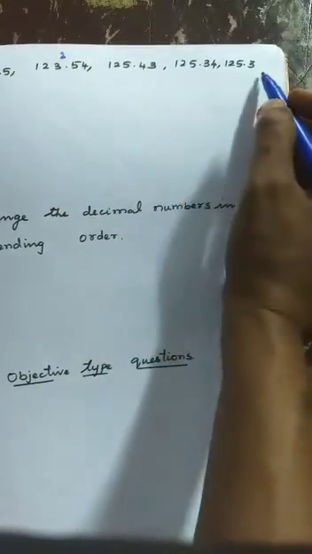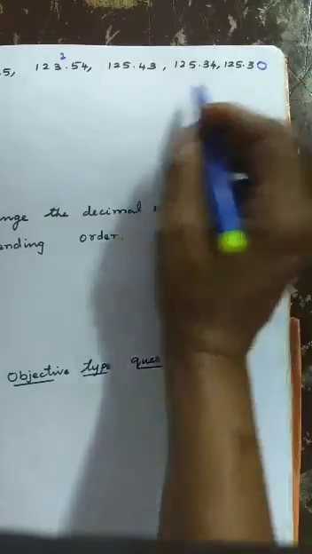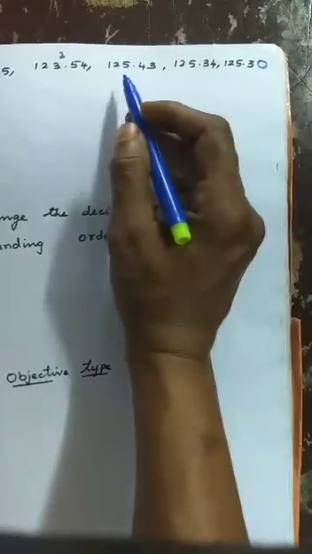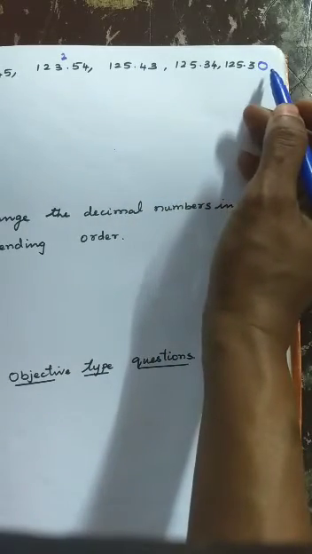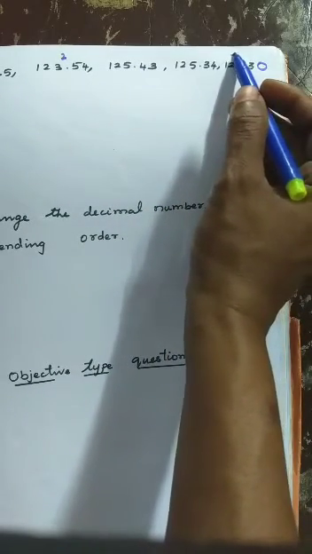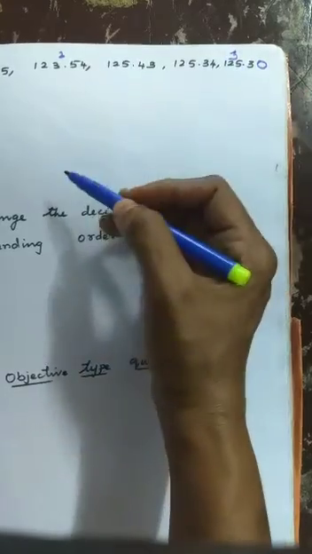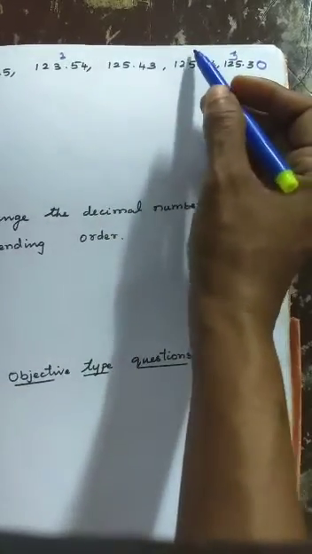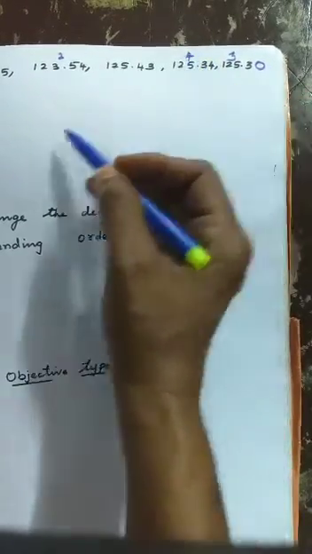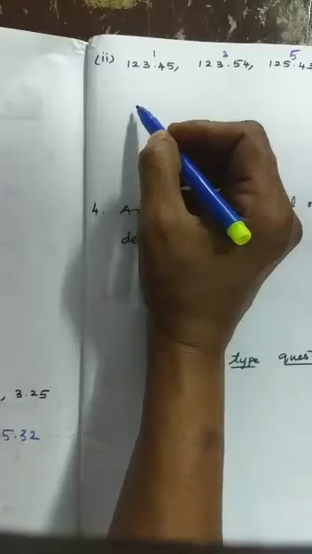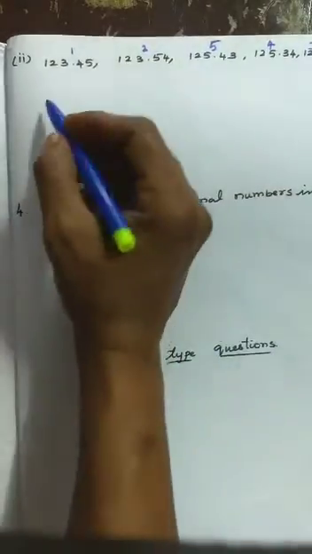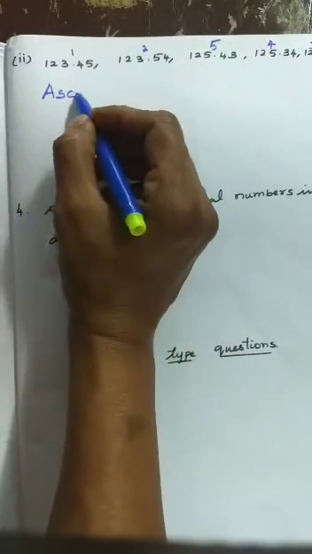So make these like decimals first. Now it is like decimal. So 125.43, 125.34 and 125.30. So this is the smaller, third one. Then this is the smaller, fourth one, and this is the last. Now you write in ascending order.